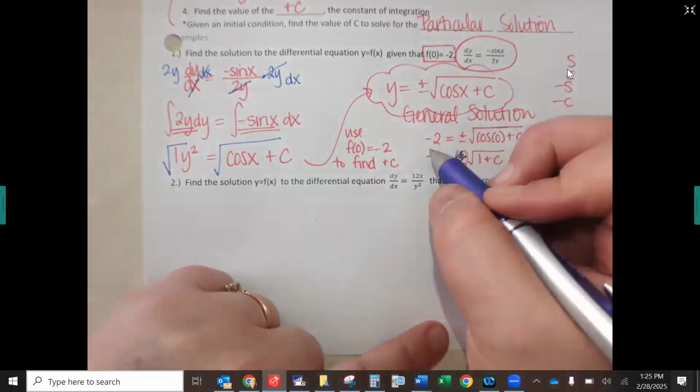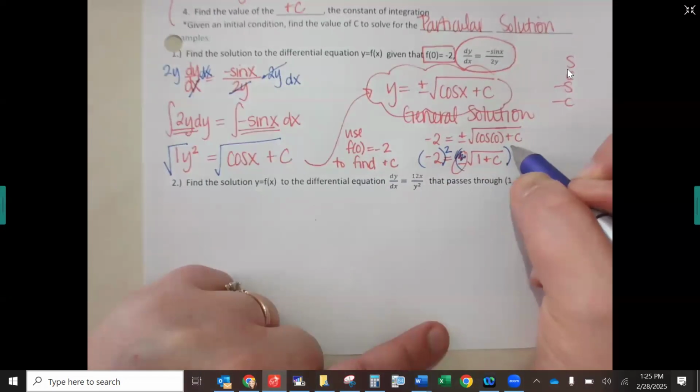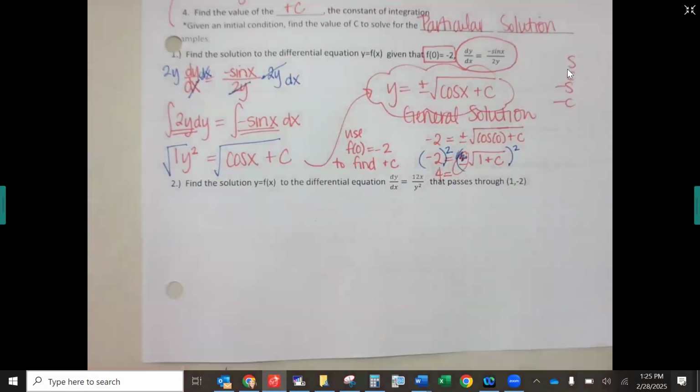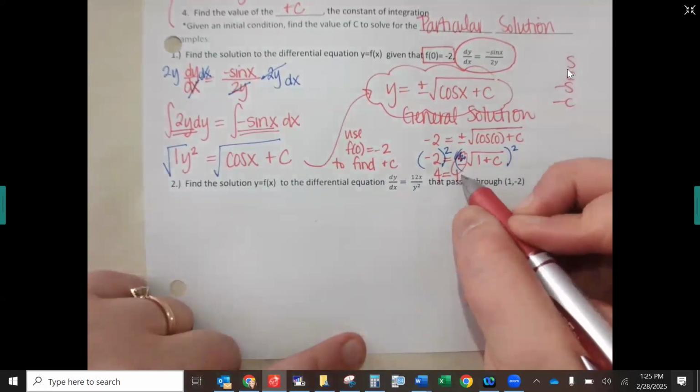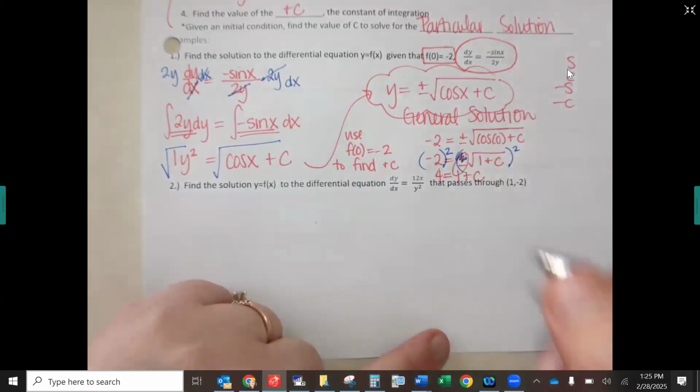So I'm going to square both sides. What is -2 squared? 4. And on the other side, when I square, the negative and the square root cross out, just leaving me with 1 plus c. And then what would my last step be to get c by itself? Minus the 1 across, which means your c is what? 3.